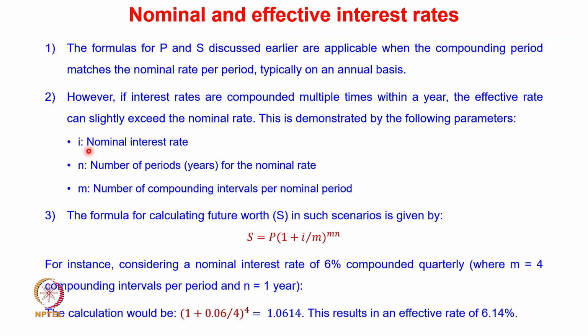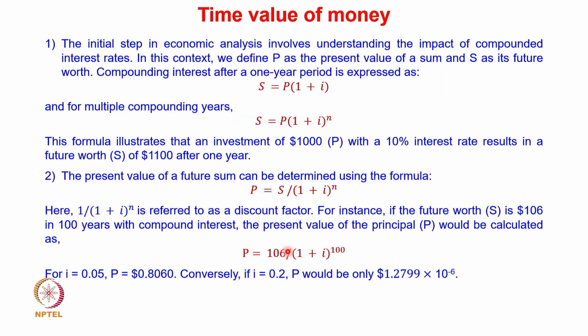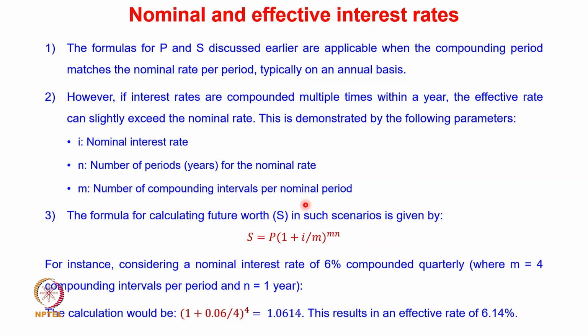The nominal interest rate is I, the number of periods for the nominal rate is n, and the number of compounding intervals per nominal period is m. In this case, the earlier formula is going to get modified when we have multiple compounding cycles per year.